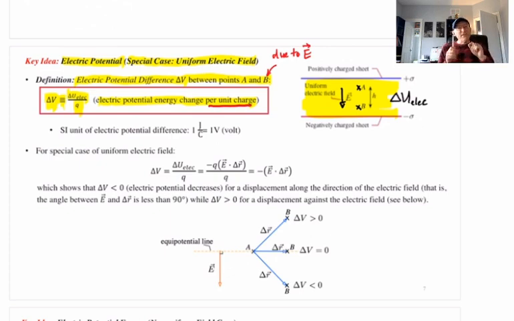Just like electric field is electric force per unit charge, now we have electric potential difference, which is electric potential energy per unit charge.